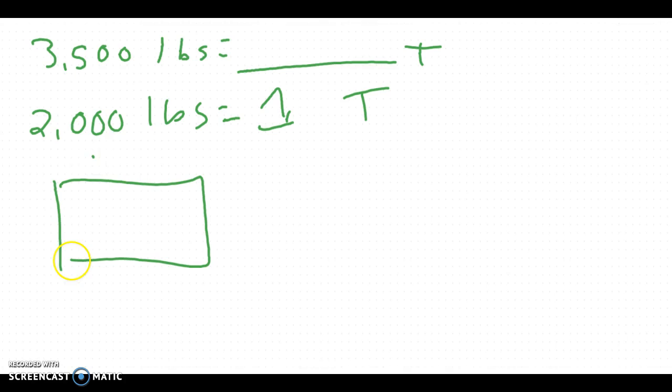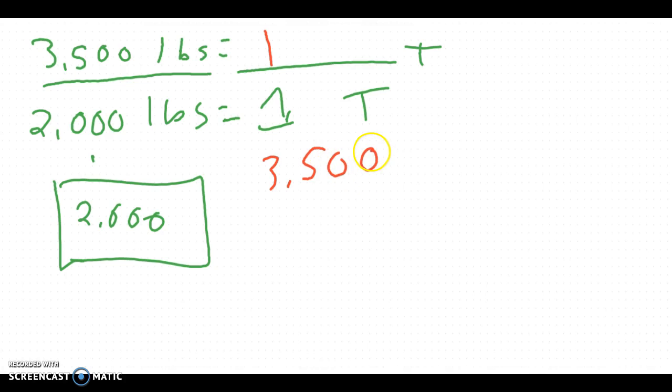Well, I know that 1 ton would be 2,000 pounds. 2 tons would be 4,000. Well, I don't have 4,000, so I can only make 1 whole ton. Then I need to see what's left over.